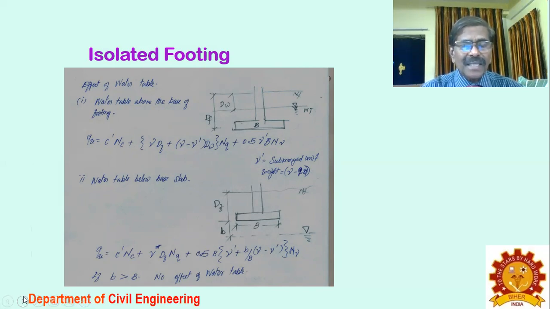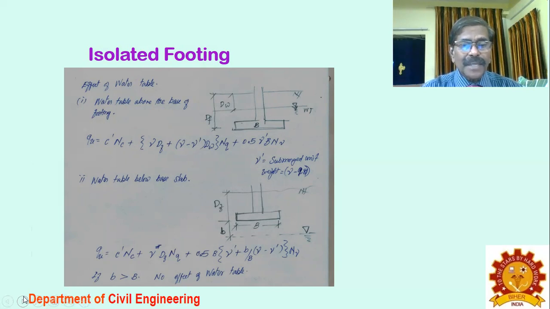If you apply that to the part where the submerged soil is, you get the ultimate bearing capacity of the soil. So you can deduce the formula: QU equal to C prime NC plus gamma D NQ plus 0.5 B [gamma prime plus (b by B)(gamma minus gamma prime)] N gamma, where small b is the water table position, B is the width of the foundation, and gamma prime is the submerged unit weight of the soil.